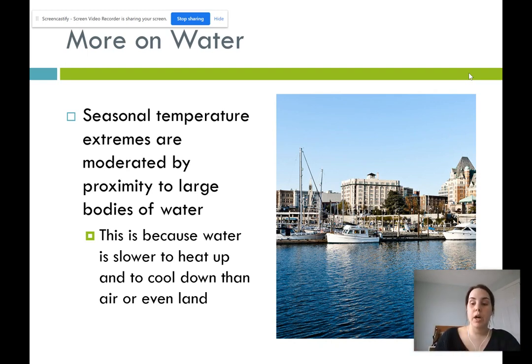This is because water has a very high specific heat capacity. It's a fancy chemistry way of saying water takes a really long time to heat up. You've probably all seen that before. If you put a pot of water on the stove to cook, it seems like it takes forever for the water to boil, but it also takes a really long time for water to cool down. So that can impact the climate of cities or areas that are really close to large bodies of water.